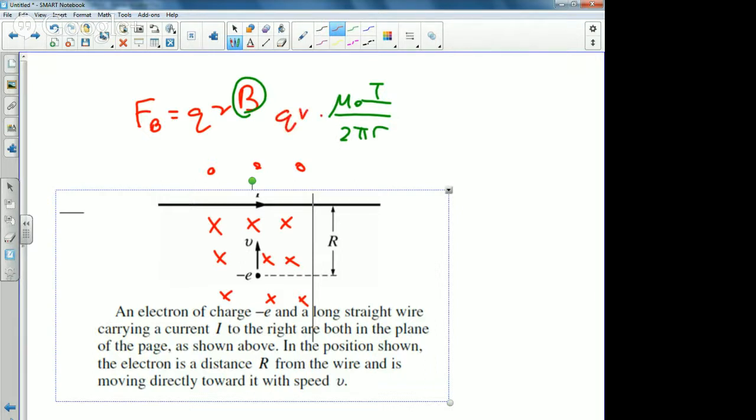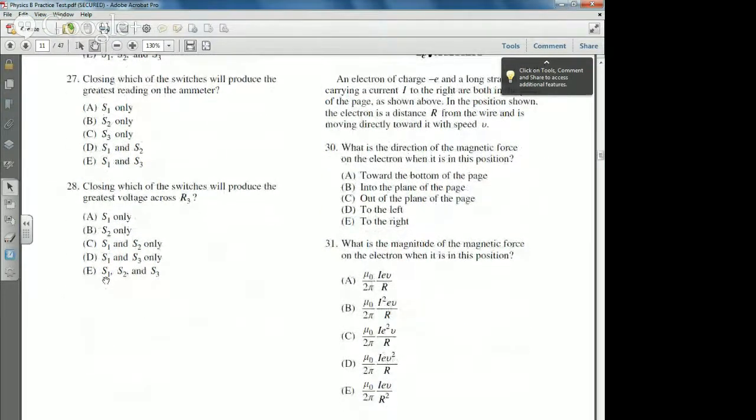So if you know your formulas, you can see mu naught I over 2 pi r times Qv. So that would be choice A. Okay? So 30 is E, 31 is A.